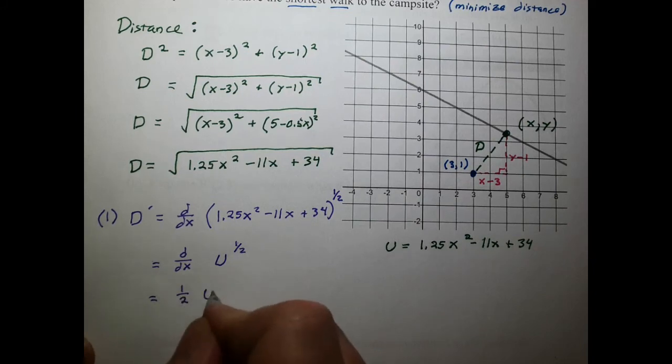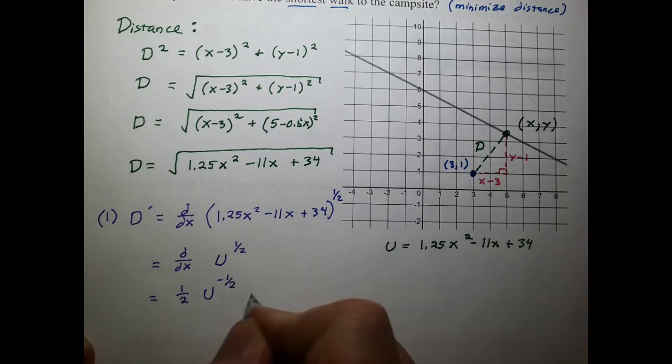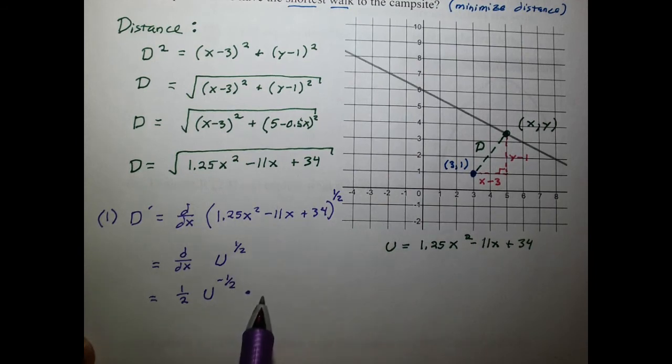So this will be 1/2 u to the negative 1/2 times the derivative of u by the chain rule. The derivative of u, I'll write it as u prime.